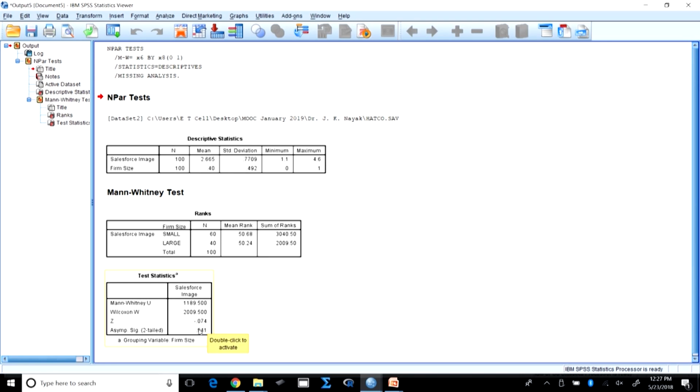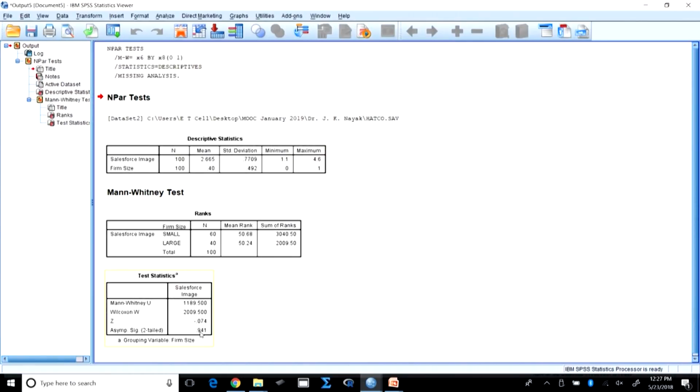Whether I take a 5% or even a 1% level of significance, 0.941 is almost saying they are the same. So, the Salesforce image across the two firm sizes, small and large, is not different. This is what you do in the Mann-Whitney U test.